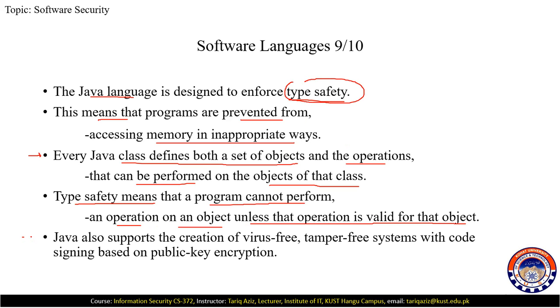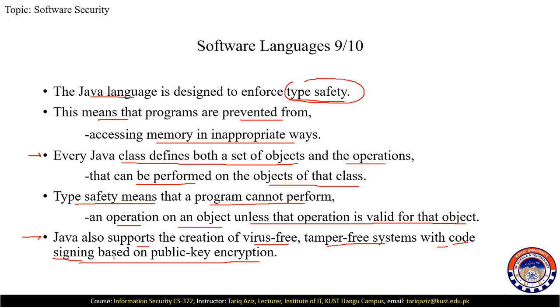Now dear students, the final point says that Java also supports the creation of virus-free and tamper-free systems with code signing based on public key encryption. Code signing is another technique which Java also supports, but I will not go into the detail of this.